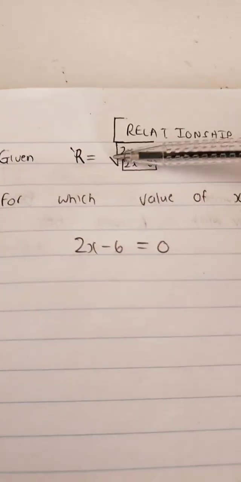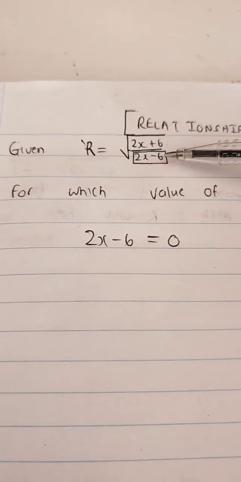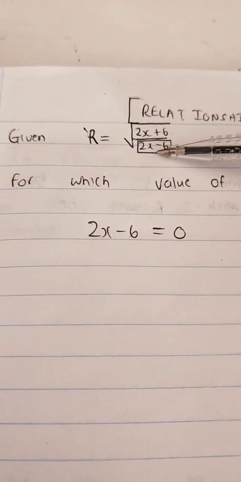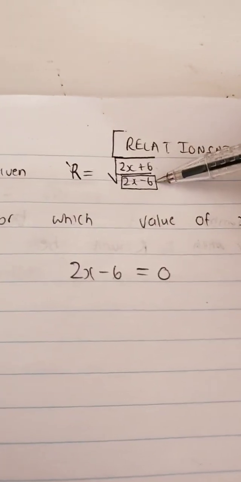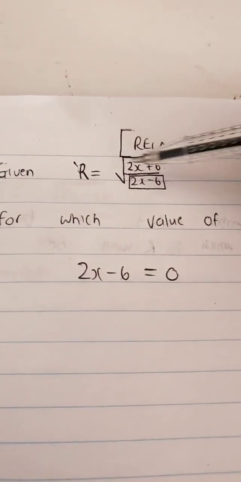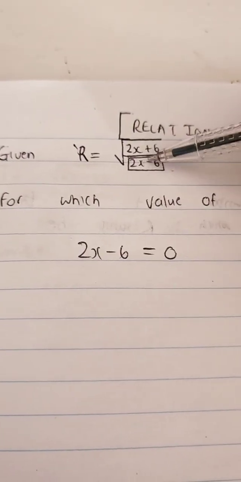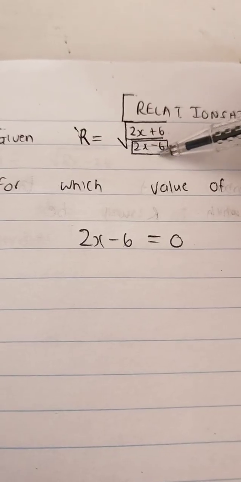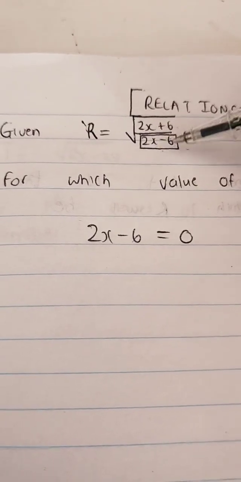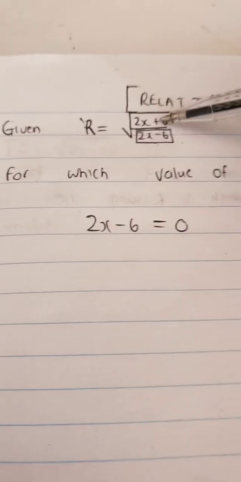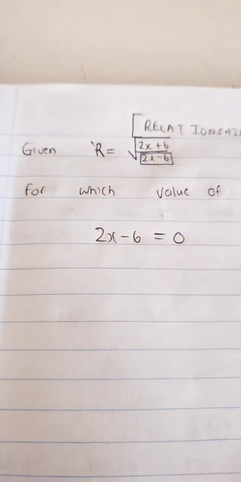That is why when we look at r, our focus is on the denominator. If the denominator were to be 0, then r is undefined. We want to know the value of x which will make this denominator become 0.